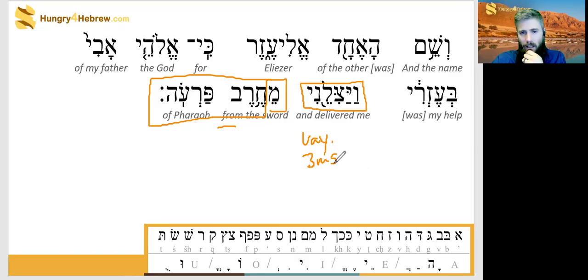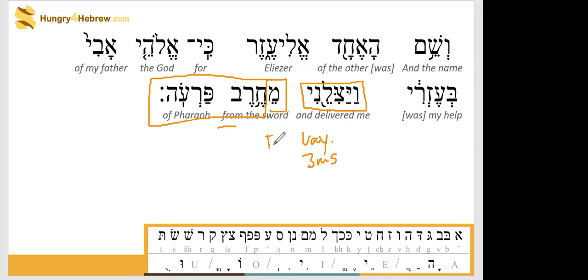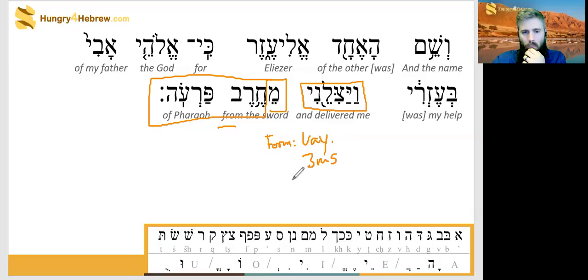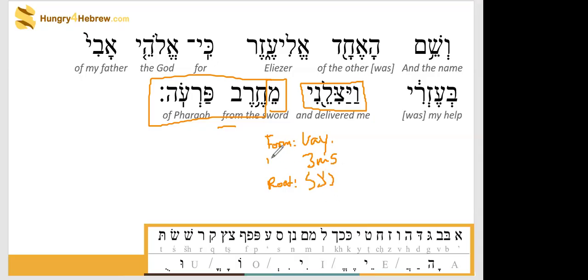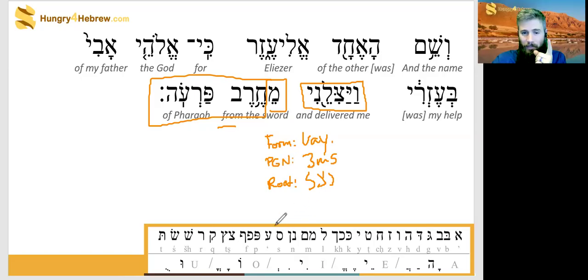And then what's the root or binyan? Is it nun tzadi lamed? Mm-hmm. The root is nun tzadi lamed. Then the person gender number of the object suffix, ni. Very good. Yeah, let's go ahead and add that.